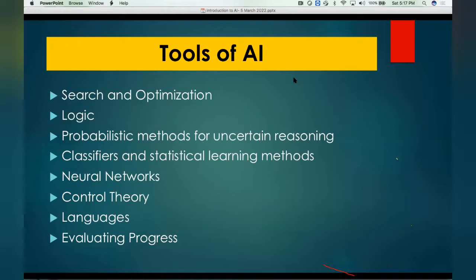These are the different other terms. These are called tools. These are the concepts which we use in artificial intelligence. One thing is optimization, logic, probabilistic methods for uncertain reasoning, classifiers and statistical learning methods.